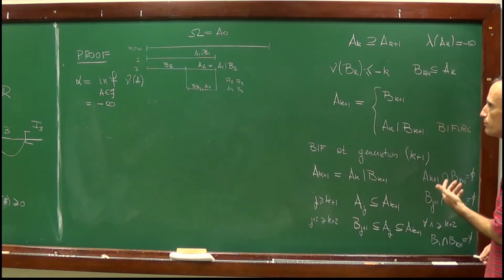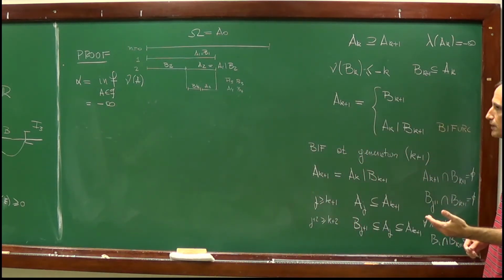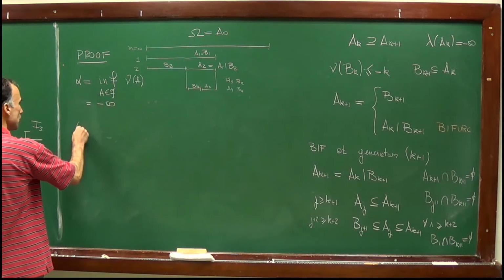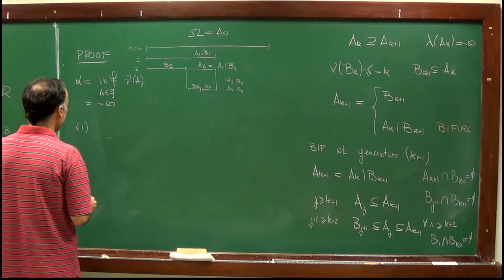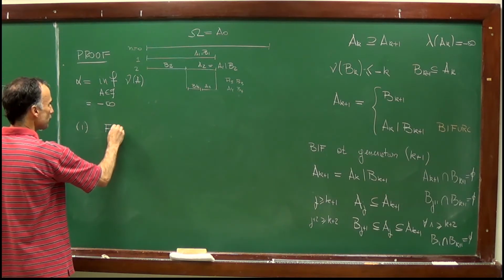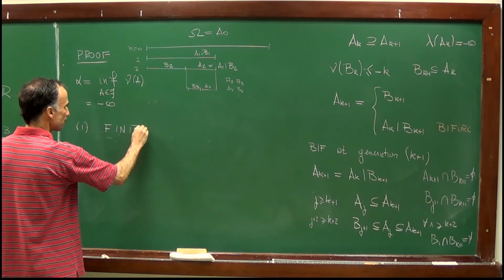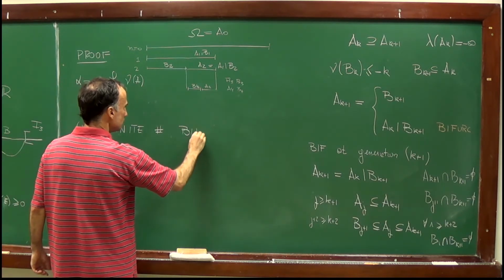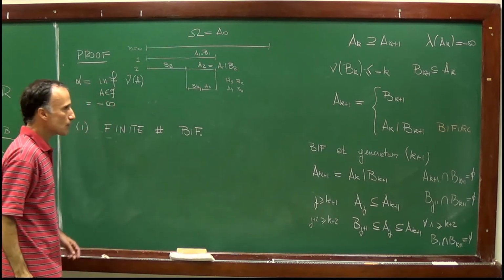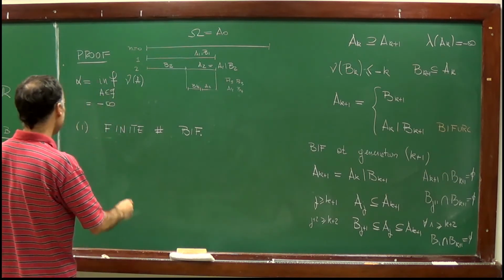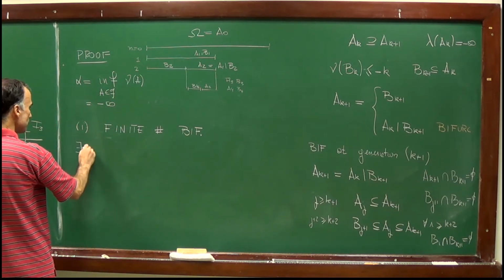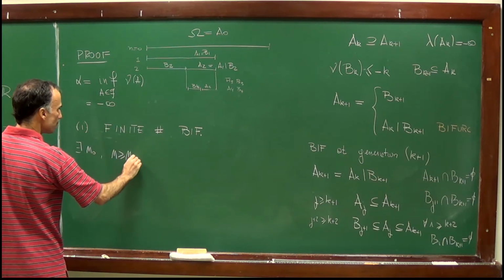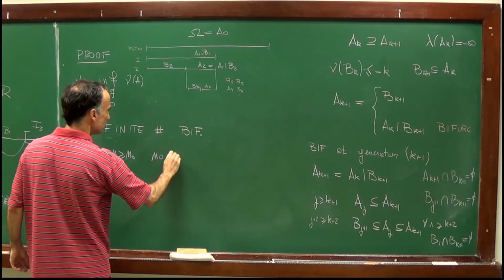Now I will be able to construct my set B, which has infinite measure. So there are two alternatives. Either, one, there are a finite number of bifurcations. So this means that there exists n_0 such that for n larger than n_0, there is no bifurcation.